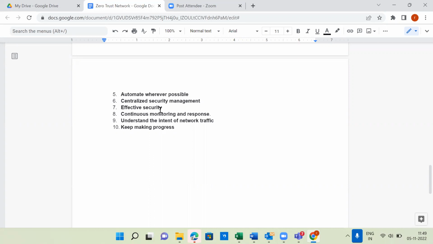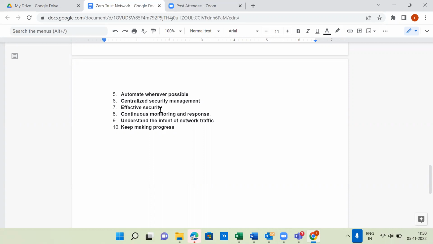Last but not least, keep making progress. Don't worry if you don't have everything figured out. You can implement zero trust, whatever principles we discussed above. We can implement this in both on-premise and cloud deployments.